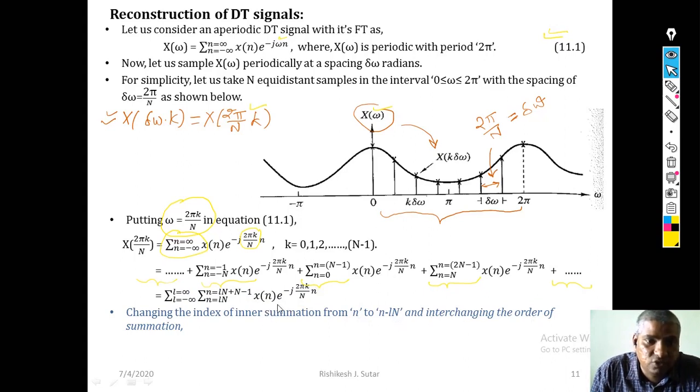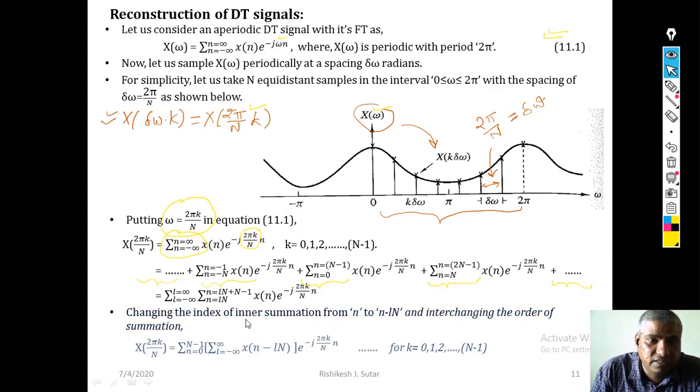If I change the index of the inner summation, n to n minus Ln means n minus Ln, minus Ln, so it will become 0, and if I put this here, what I will get is n minus 1, and I can change the summation. So this summation will come inside, and this summation of n will go outside.